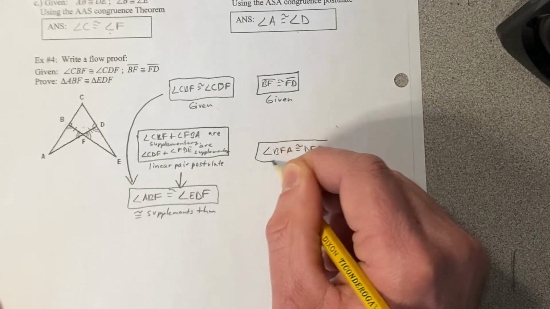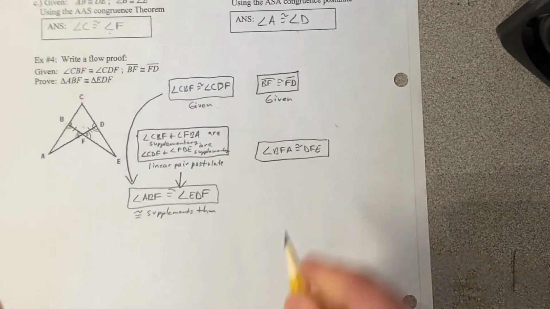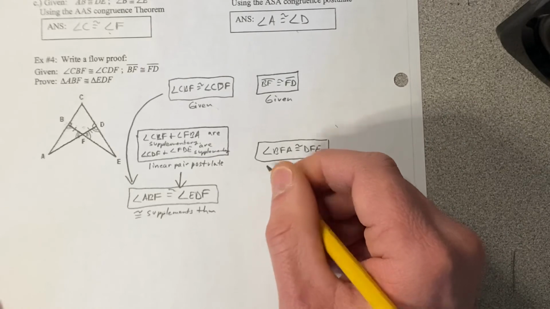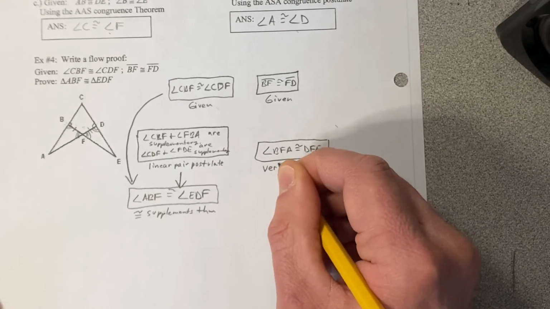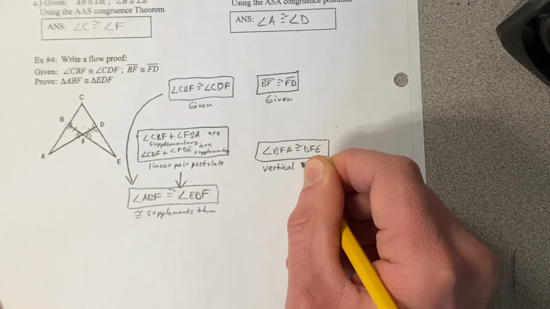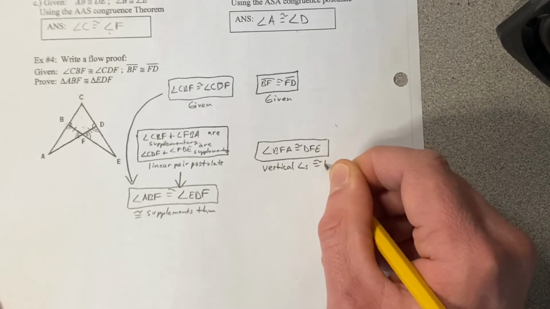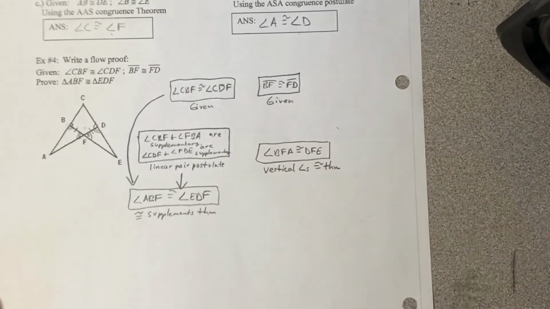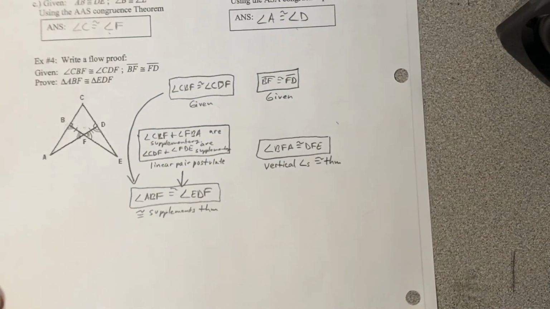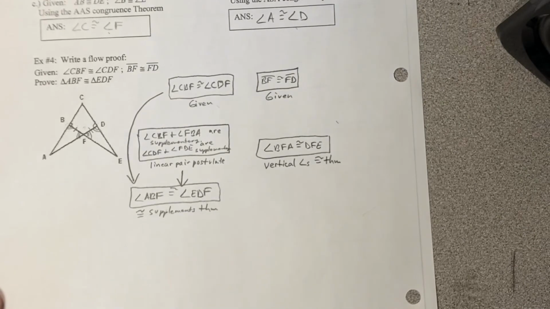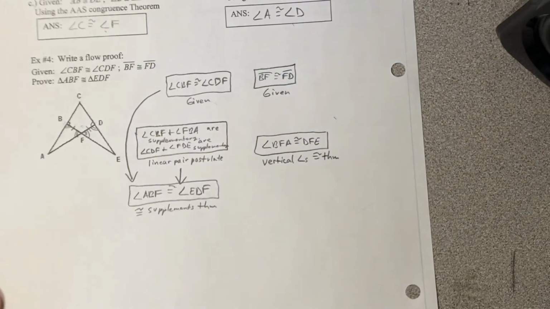And why am I so sure? Because they are vertical angles. Technically, it's the vertical angles congruence theorem, but if you say just vertical angles, I'm totally down with it. And we got that just from the picture.